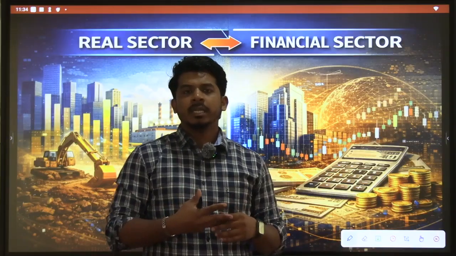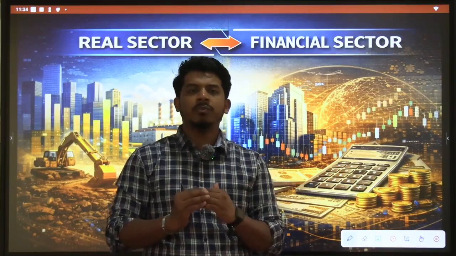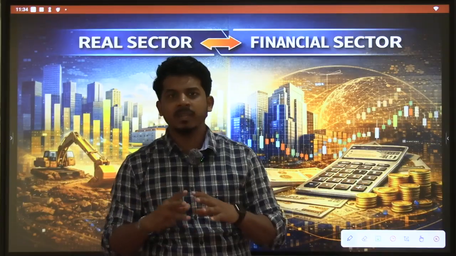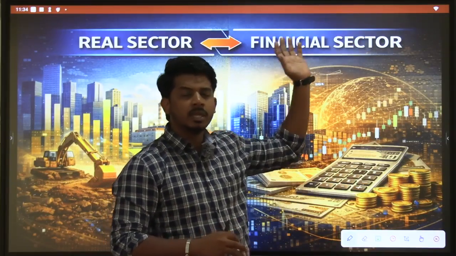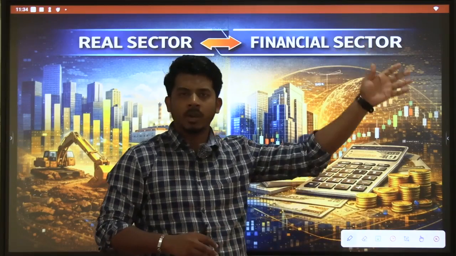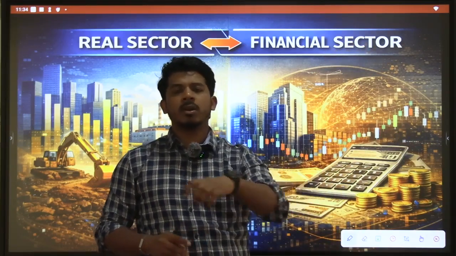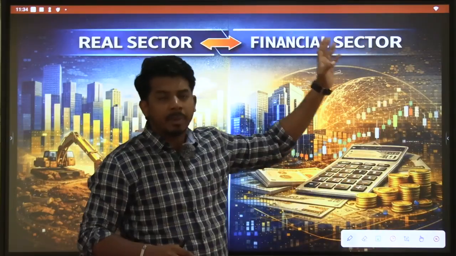Banks are thinking what is the appropriate amount of loans to give in this kind of scenario. In the financial sector there is so much speculation going on constantly. So anything going wrong in the world, first we will see the impact here.